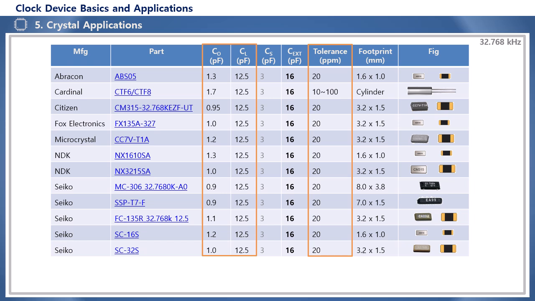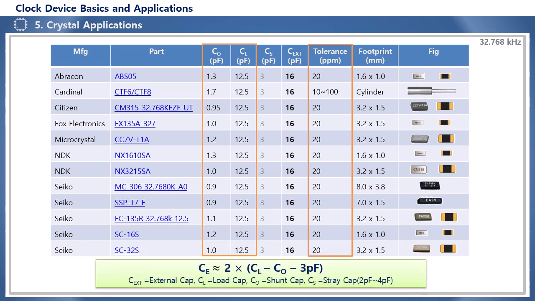For accurate date and time information, the frequency deviation must be small, typically around 20 ppm. The shunt capacitance of the crystal itself, C0, has a value of less than 1.5 picofarads, and the load capacitance has a unique standard value for each manufacturer within the range of 6 to 12.5 picofarads. These shunt and load capacitances are specified on the datasheet.